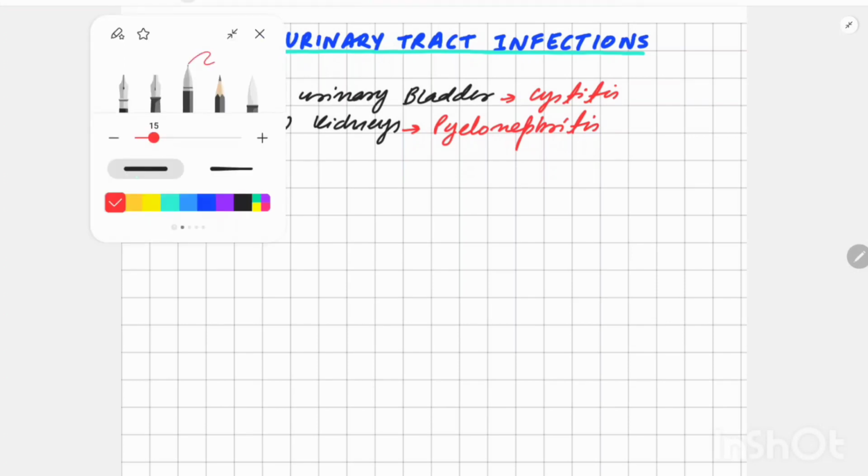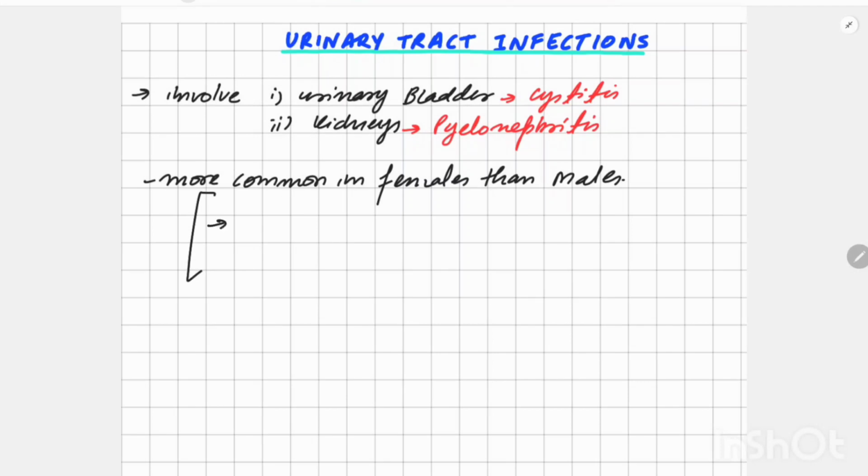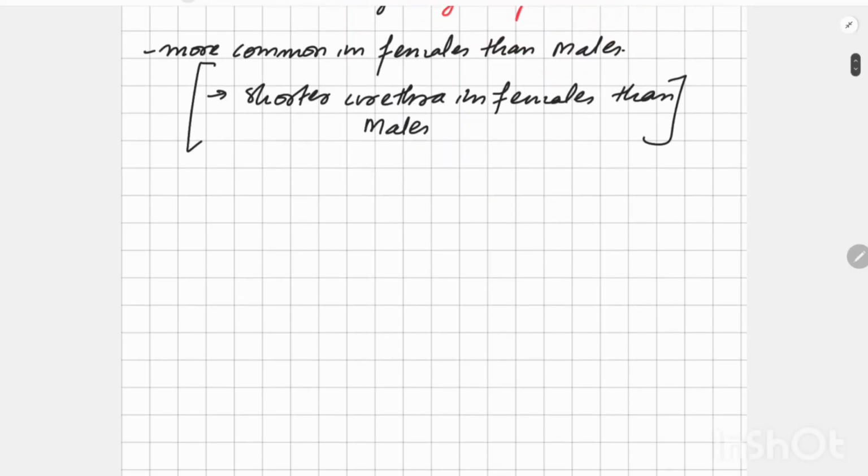Urinary tract infections are more common in females than males. What is the reason for that? The reason is that there is a shorter urethra in females than males.